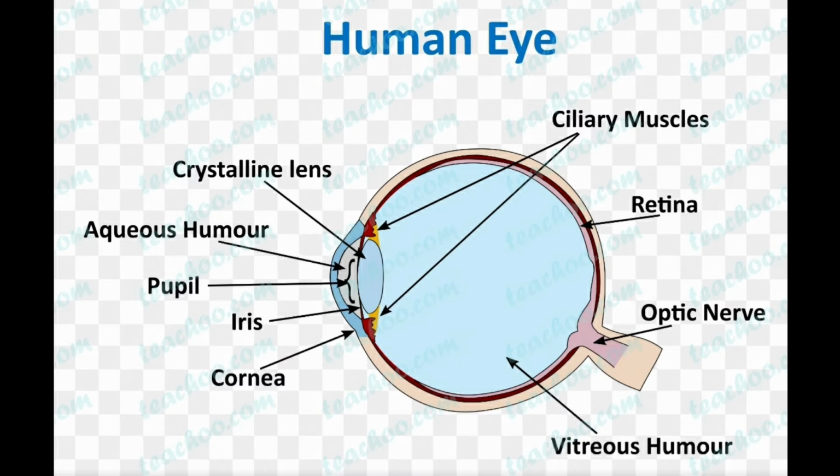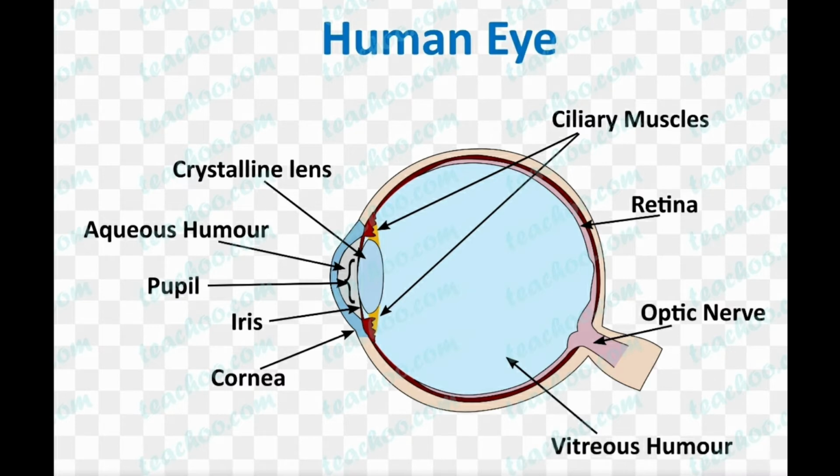The retina contains numerous light-sensitive cells which are activated by the light falling on the retina and generate electrical signals. These signals are then sent to the brain via the optic nerve. The brain processes this information and we perceive objects as they are.